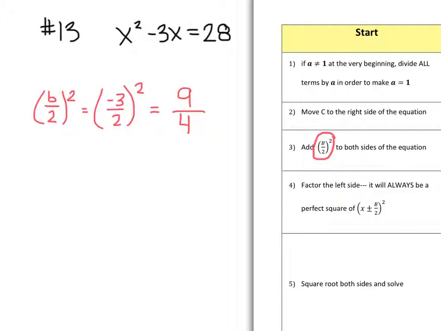So our special number here is 9 over 4. And we add that behind the 3x and behind 28. So we have x squared minus 3x plus 9 over 4. Keep it as an improper fraction.